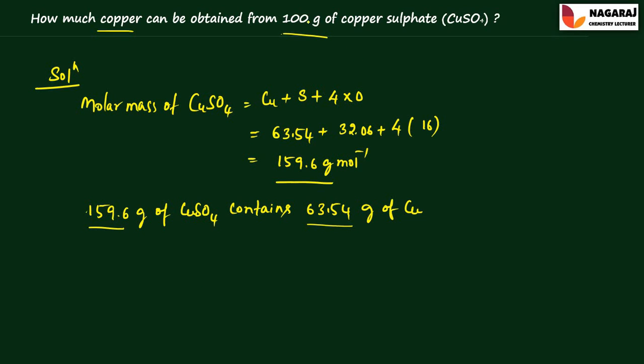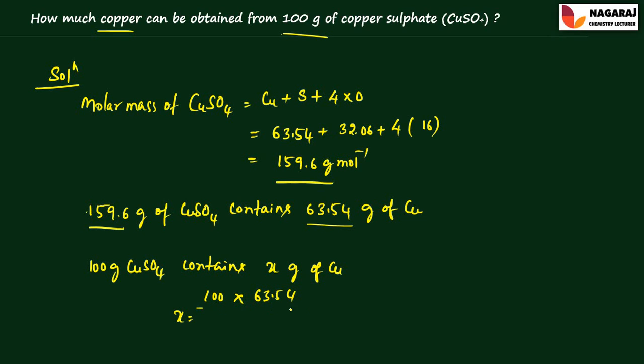So they have asked how much copper is present in 100 grams of copper sulfate. That is, 100 grams of copper sulfate contains X grams of copper.